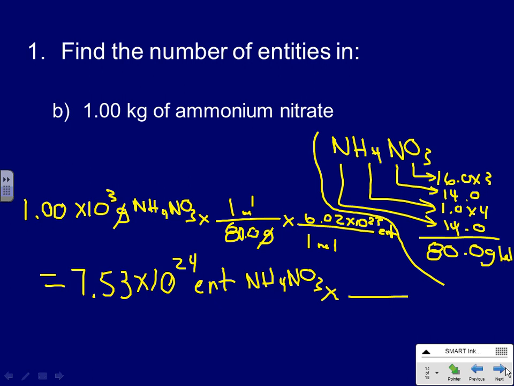If I just wanted oxygen atoms, now I need to create that one out of this formula. Janessa? How many oxygens have I got in here? That's okay. Yeah. 3 oxygen atoms over 1 NH4NO3, and I just multiplied by 3, and I'd have oxygen atoms. Okay? I didn't have an example that has one of those built in, but that's how you would do it.